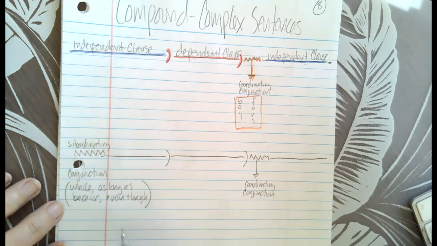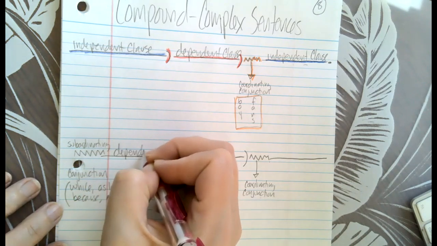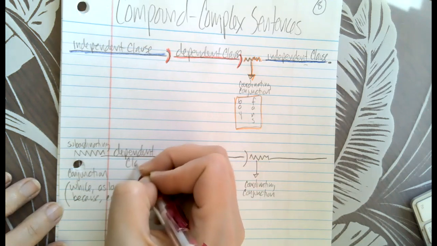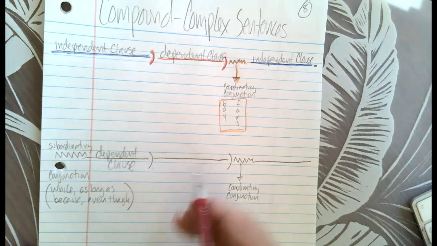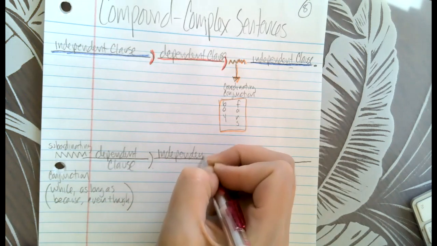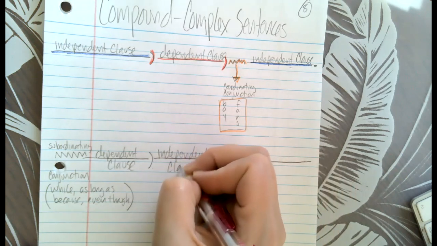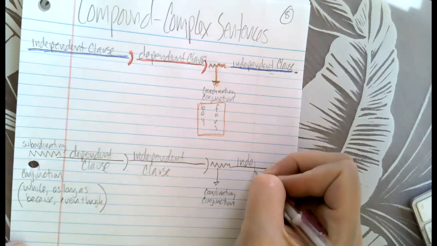When we start a sentence or a thought out with one of these words, we are forcing a dependent clause. Okay, and then we're going to separate that from the independent clause. And then we have another independent clause.